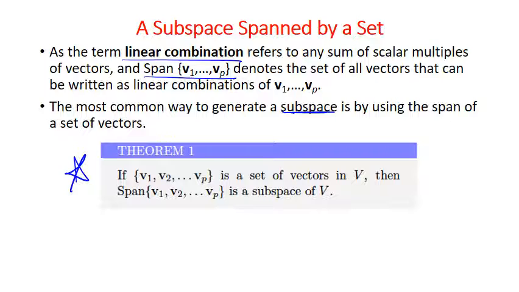Theorem 1 is basically the basis of your homework, and it will be utilized and referred to a lot in your homework. Basically this is saying if we have this set of vectors, then the span of those vectors is a subspace of V. Okay? So let's see this in action.